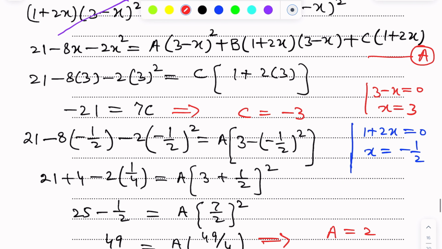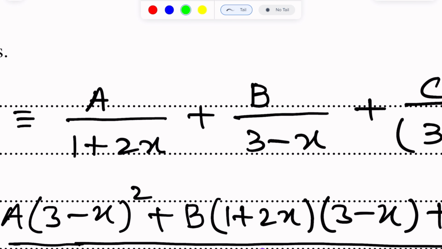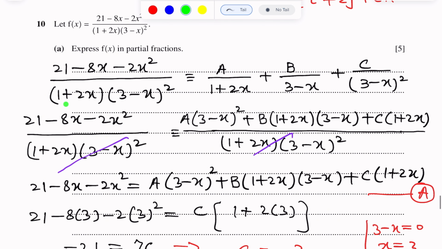Now we have found two values, A and C. Remaining is B. We just have to find B, but we do not have a third factor in the denominator.